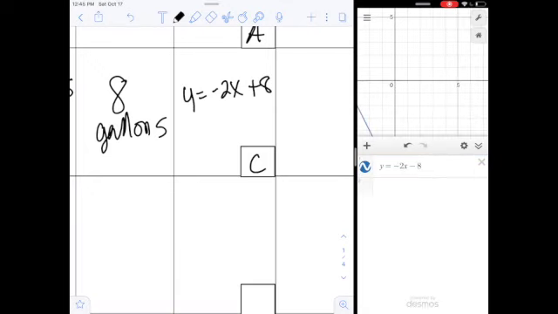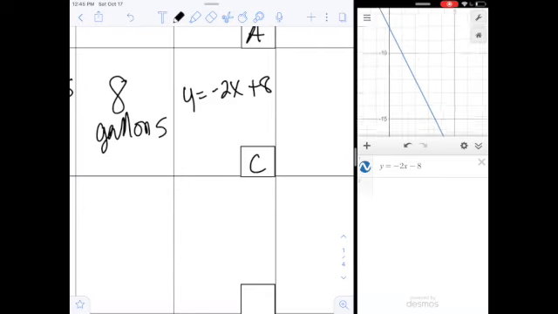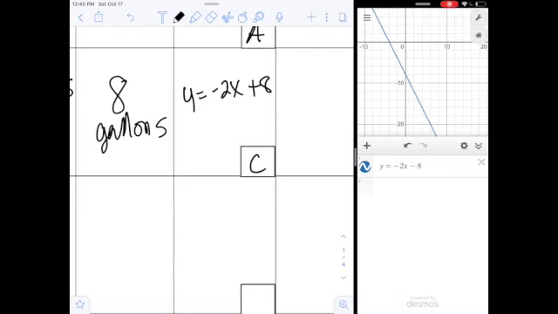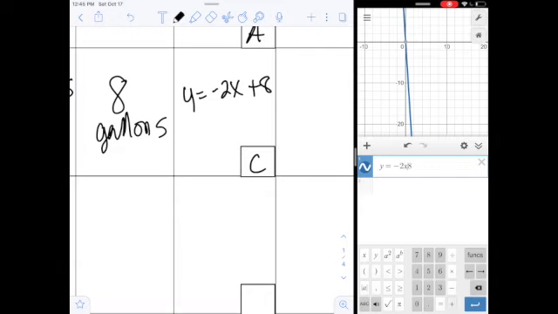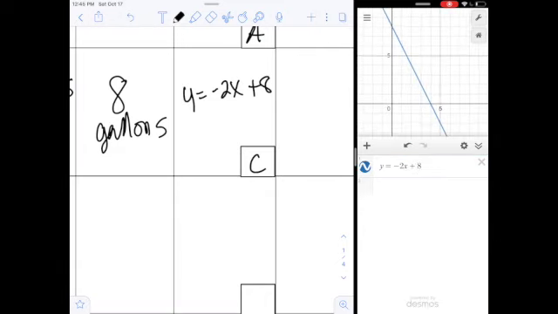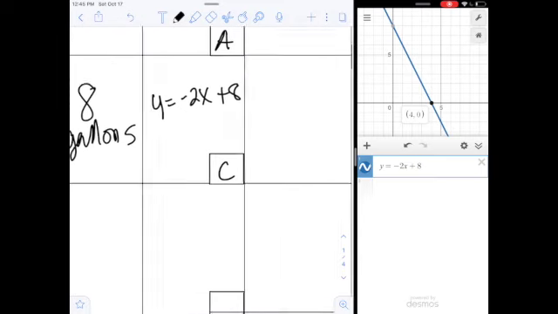Now if you look at our graph and we're finding our x-intercept, finding our, that should be plus, my fault. There we go. Finding our x-intercept, it's this guy right here.